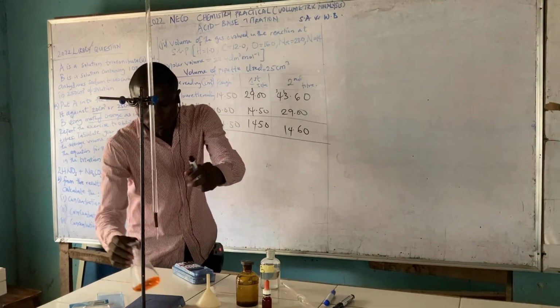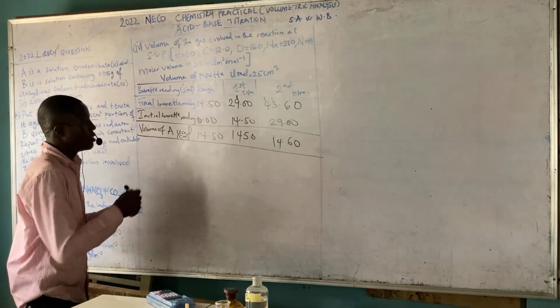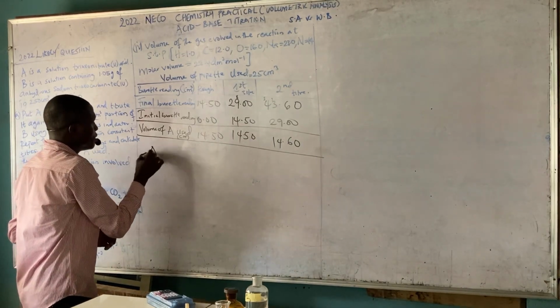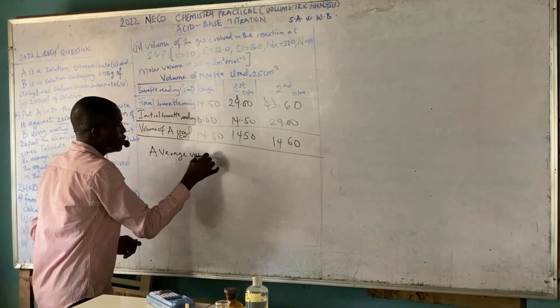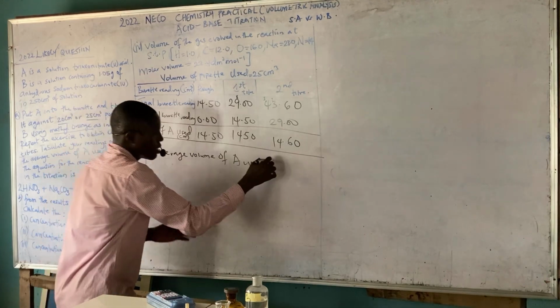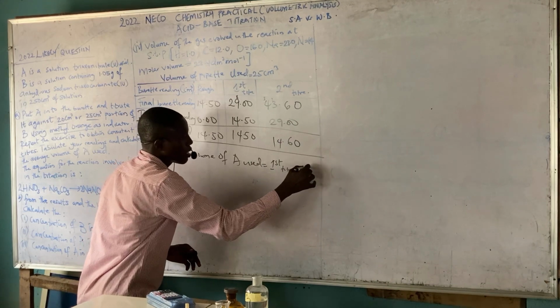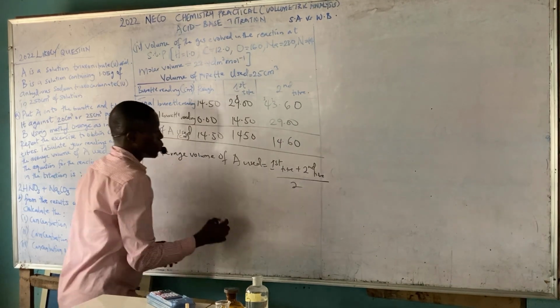So having gotten our table of values, the first thing now is to calculate your average volume of A used, which is your titre, equal to the first titre plus the second titre value divided by 2. So what do we have?